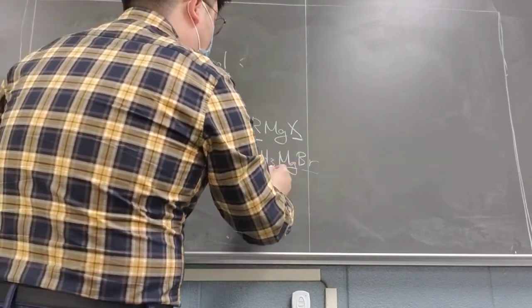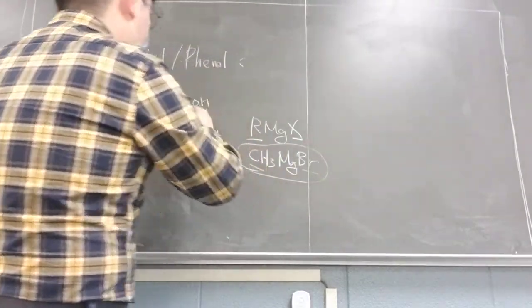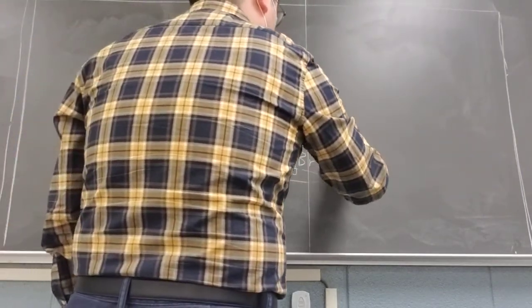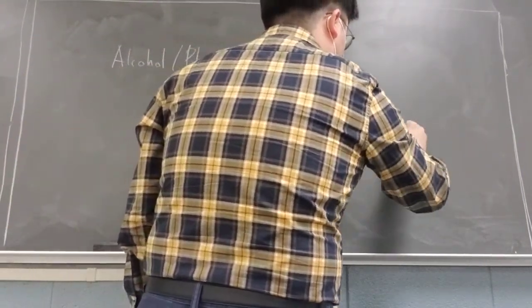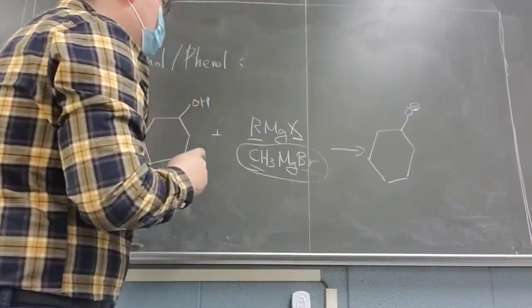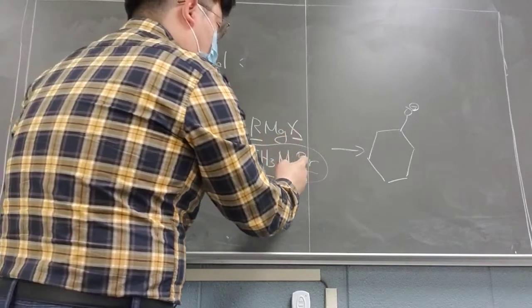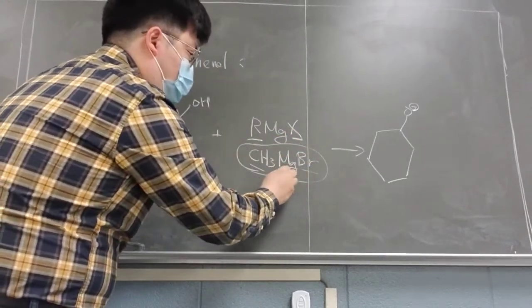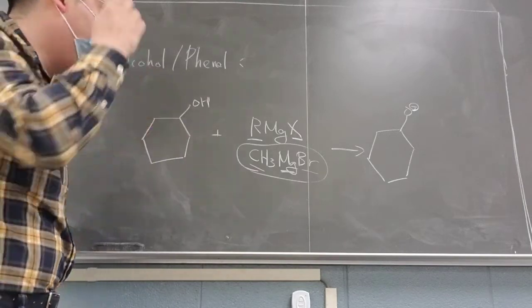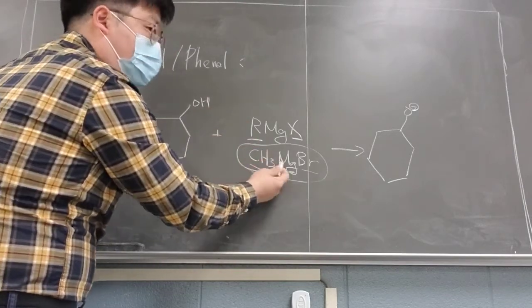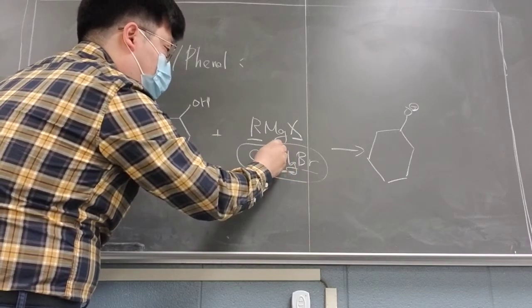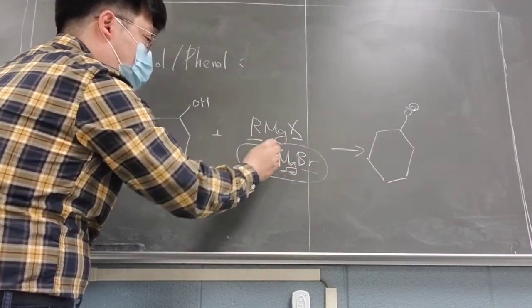And if you look at this one over here, the alcohol will also behave like a weak acid. The thing is, magnesium here is a metal, right? If you think about them breaking apart, this will be slightly positive because it's a metal.